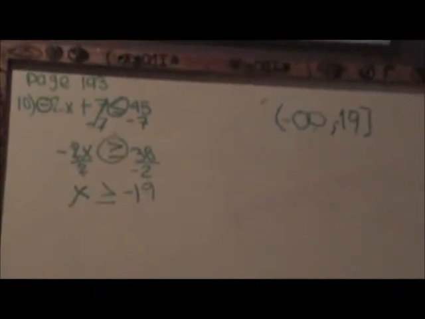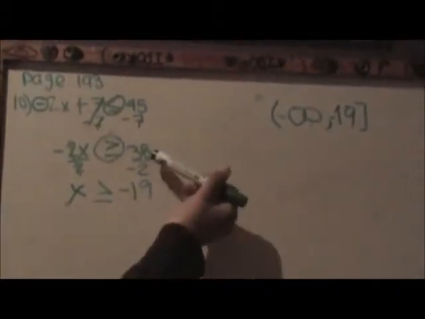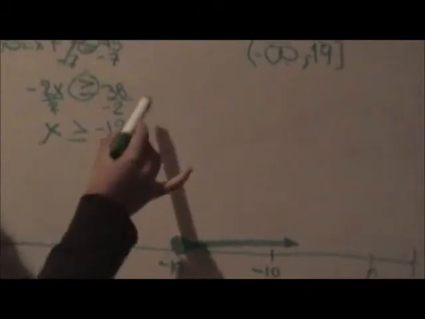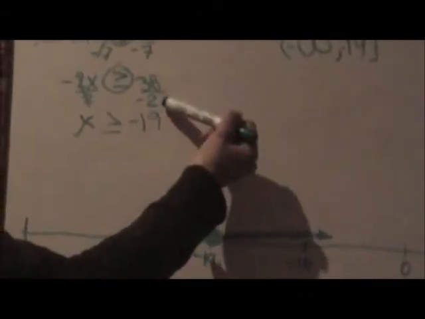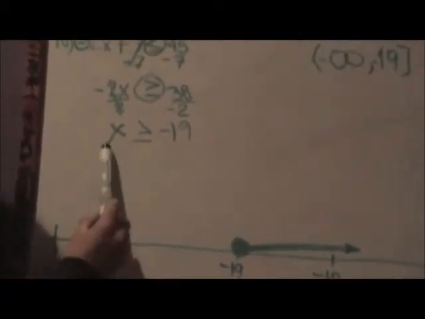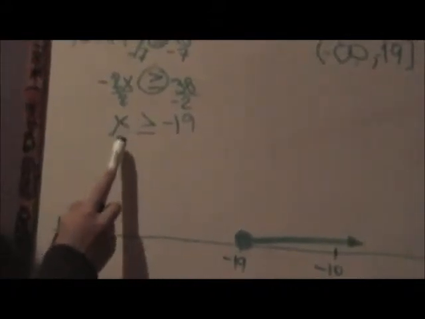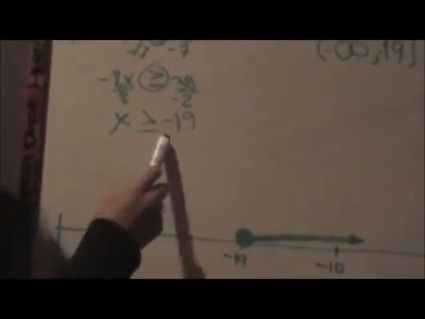Here I'm going to put 2, but subtracting, so it is nothing. And here I have to be dividing by -2. So 38 divided by -2 is -19. So the answer will be x ≥ -19.